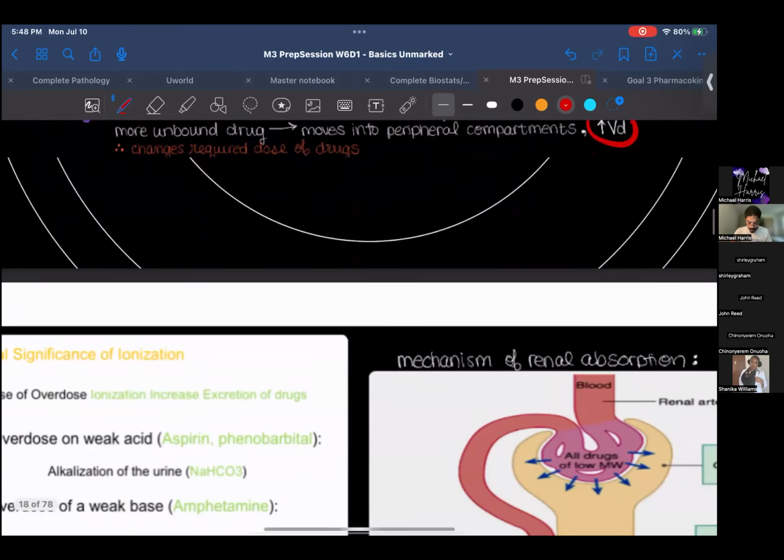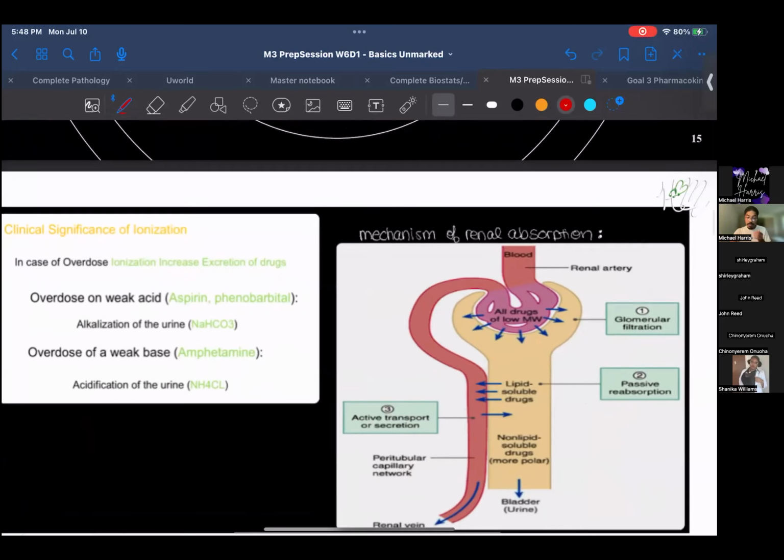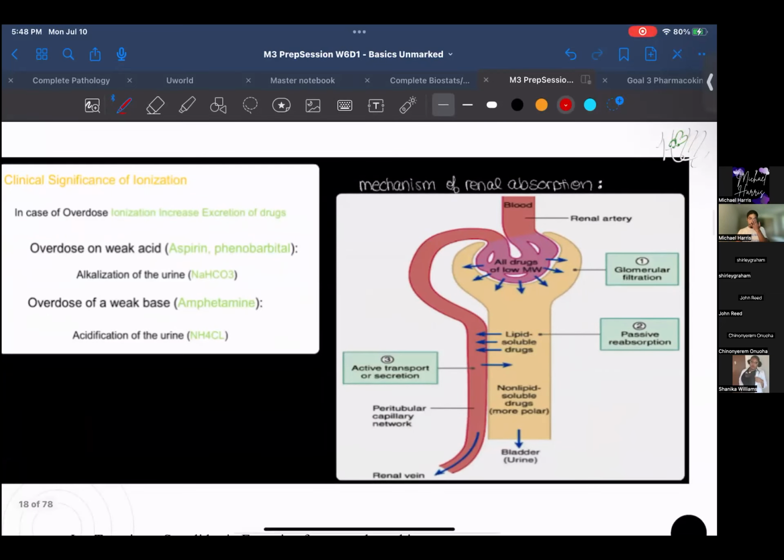All right. Now, here's a little bit about how the kidneys work on it. So the kidneys are really big with absorption and excretion. Okay? Absorption and excretion. Now, on the absorption end of things, it reabsorbs the drug.